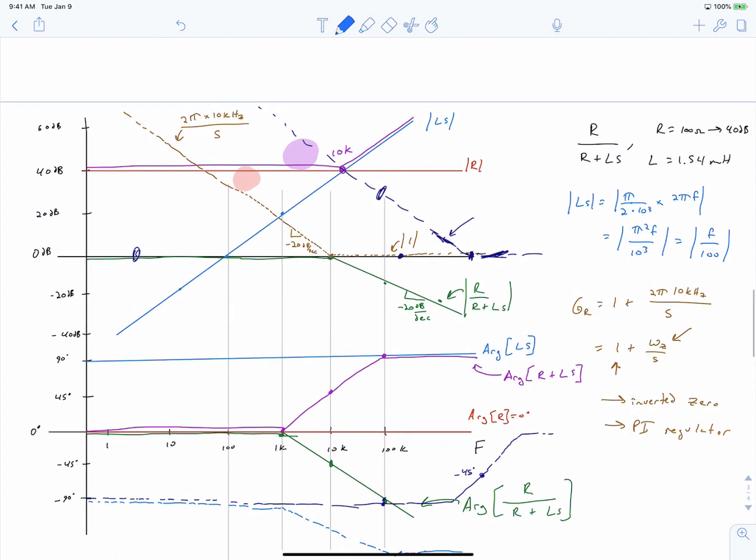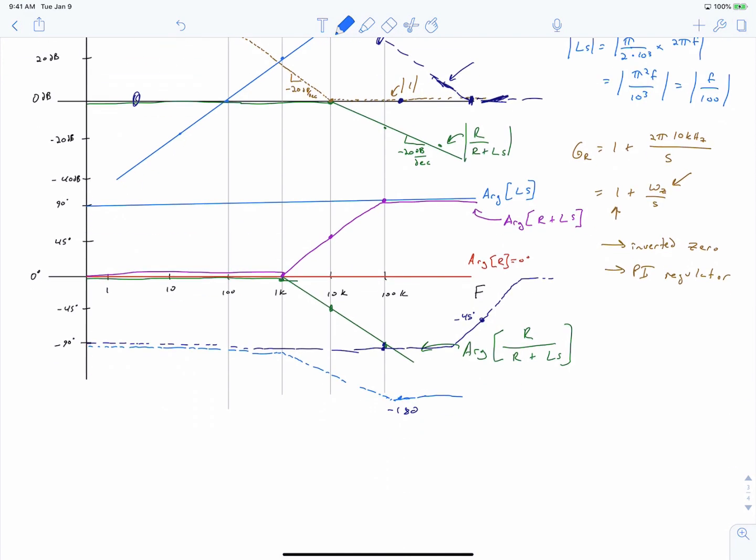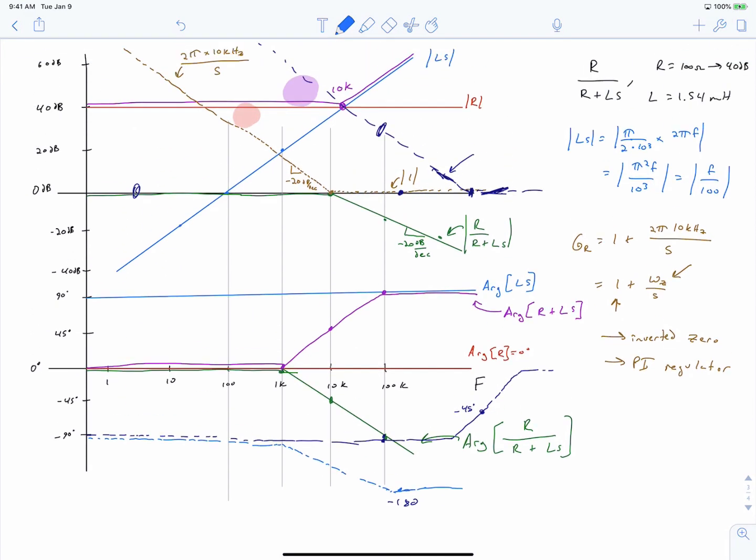How then, instead of using algebraic operations, you're actually able to use graphical techniques to plot the frequency response of it, and how that can inform the design of the PI regulator, or whatever regulator you choose to use, in order to obtain a desired loop transfer function. And our techniques for designing regulators, and for realizing the transfer functions of the regulators, will be developed more in further videos.